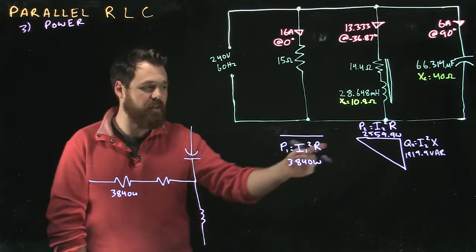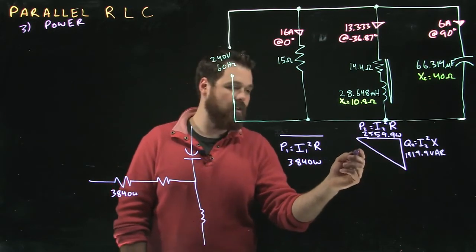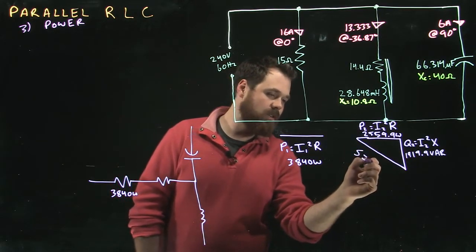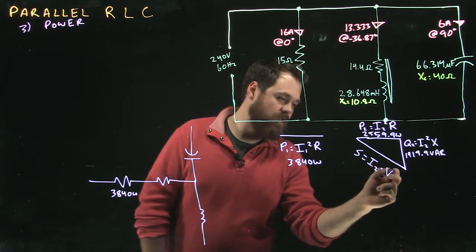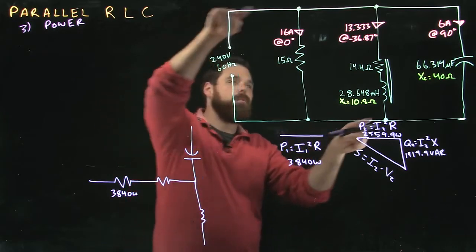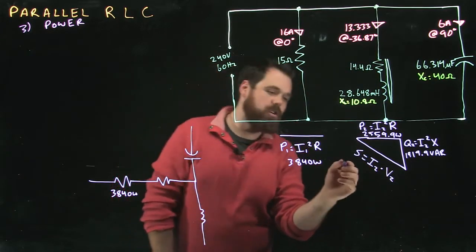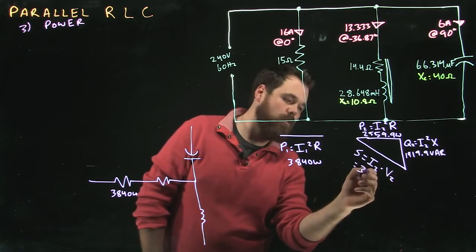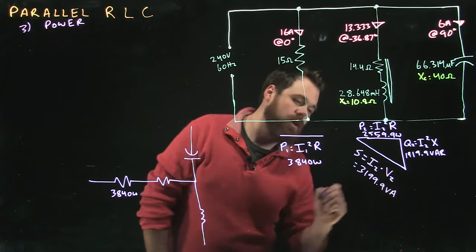Now, two ways from here. I can do some Pythagorean's theorem: Q squared plus P squared equals S squared. Or I can go S equals I2 times V2, 240 volts times 13.333 amps. Either way, I should come out around 3199.9 VA.